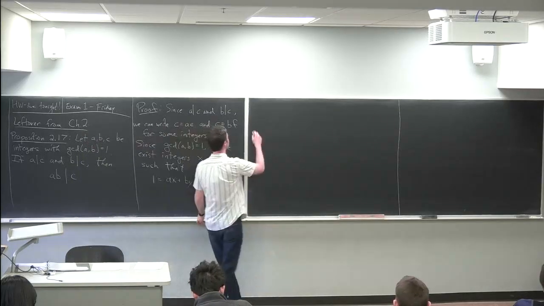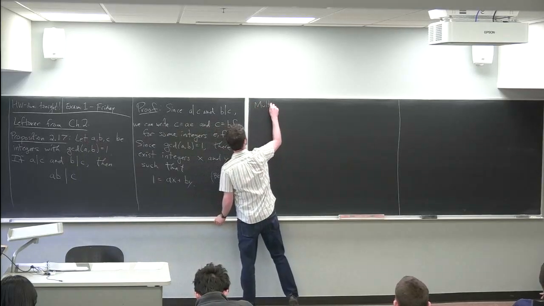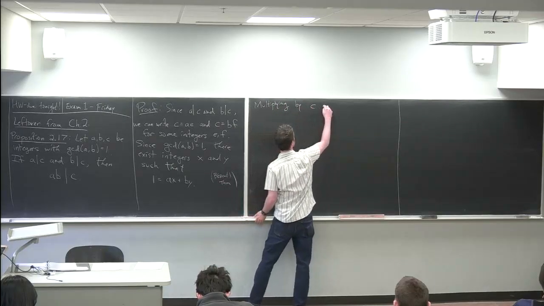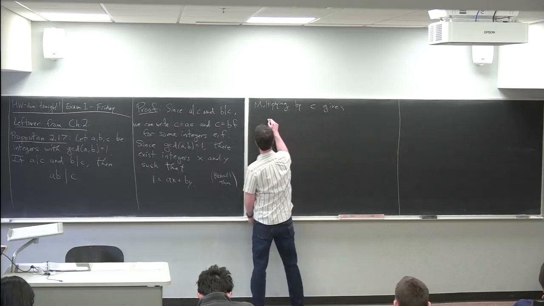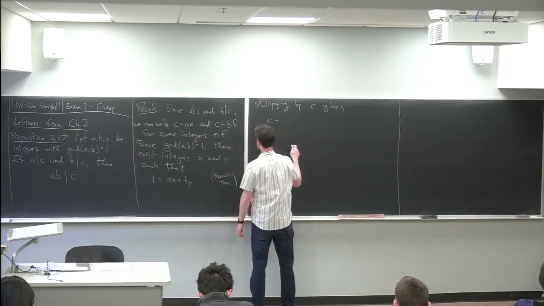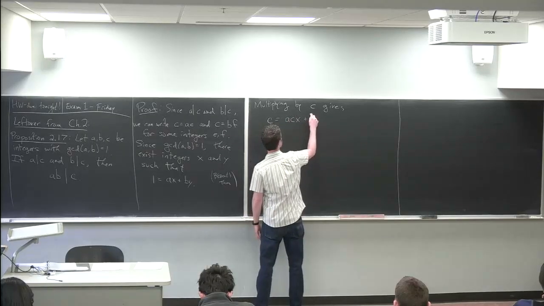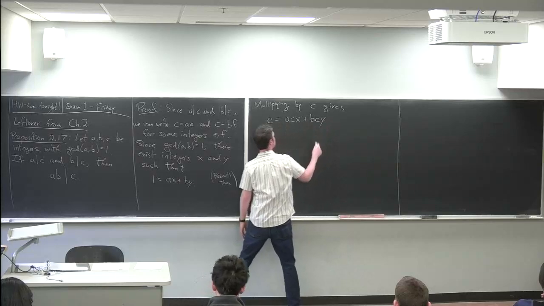Okay, so here's why it's going to work. Multiplying by C gives C on the left, right? And then what you have is A times C times x plus B times C times y.